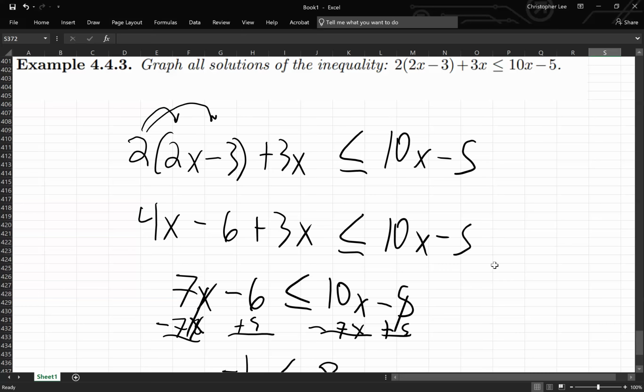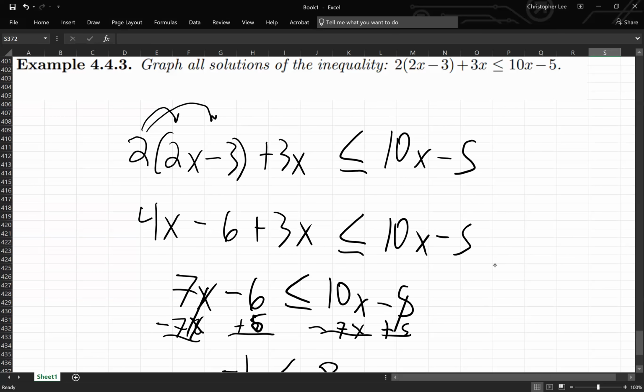Long story short, I want all my variables on one side and all my numbers on the other. That's why. So if you wanted to do it in reverse, completely fine.